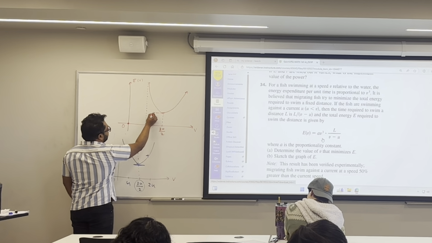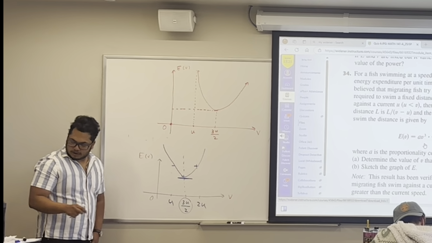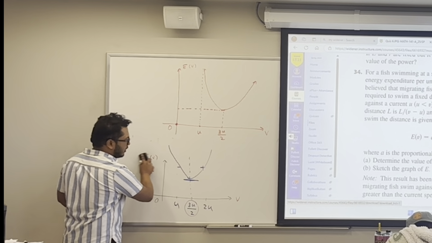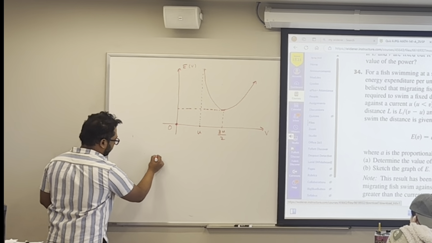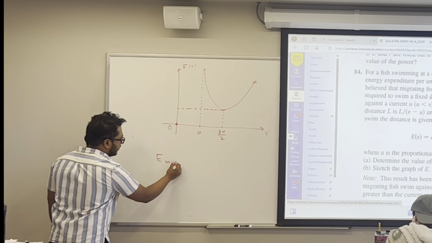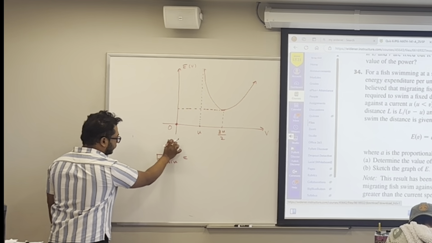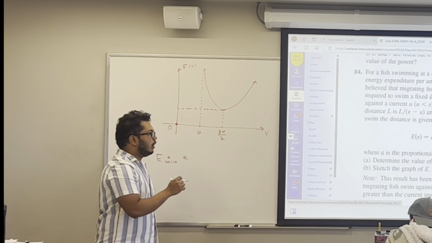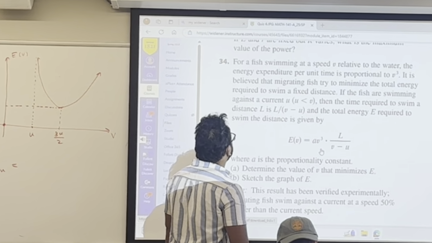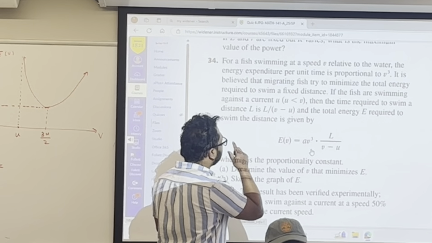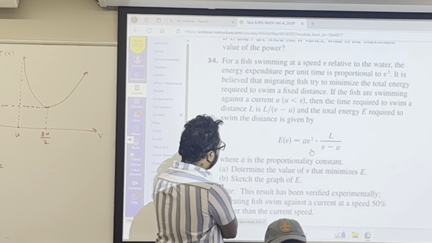Can you find what is that minimum energy and then you stop? That's not asking the question, but you can find that minimum energy. This is the energy expenditure the fish has to make per unit time.